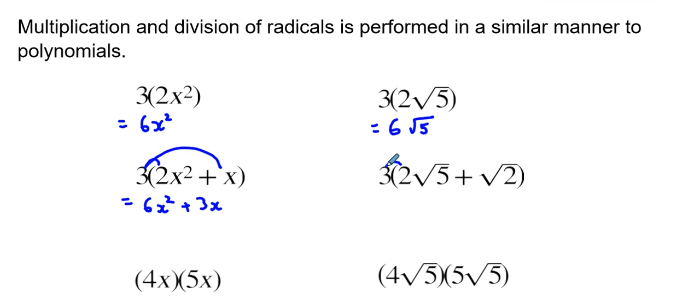We'd have the 3 times the 2, the 3 times this coefficient of 1 that we didn't write, and this would give me 6 root 5, just like it did above, plus 3 of the root 2's. Again, I cannot add those because root 5 and root 2 do not have the same radicands, nor can I simplify them. If you've not looked at my videos on simplifying radicals or on adding and subtracting radicals, I encourage you to go look at those and then come back to this video when you're done.